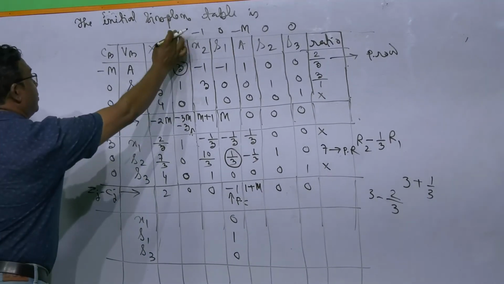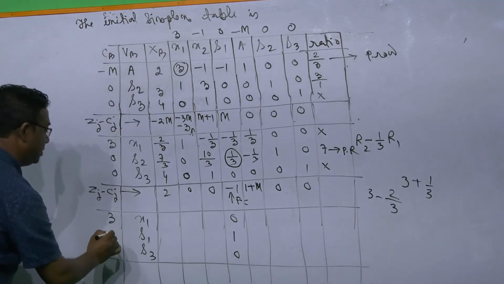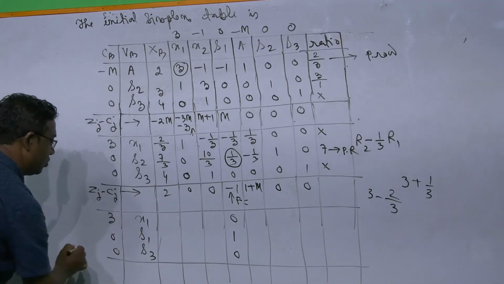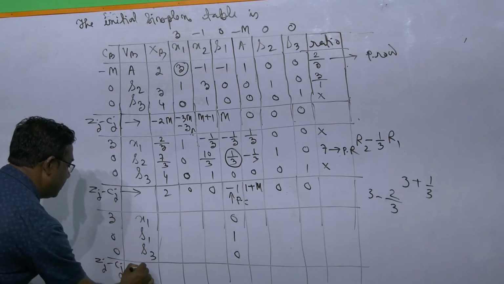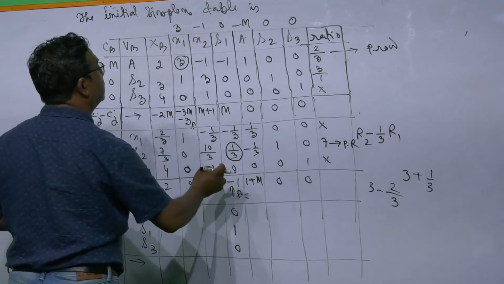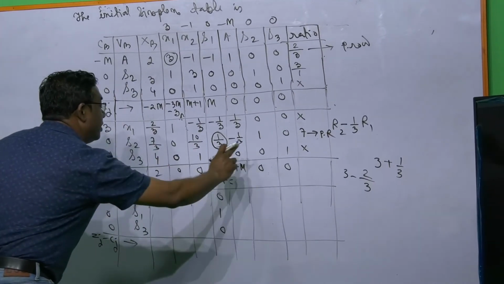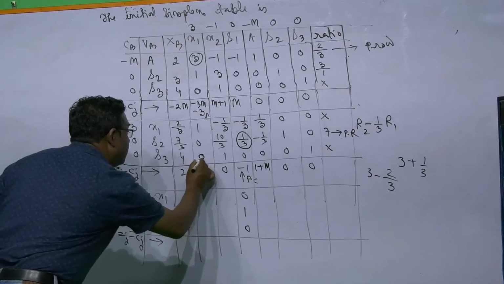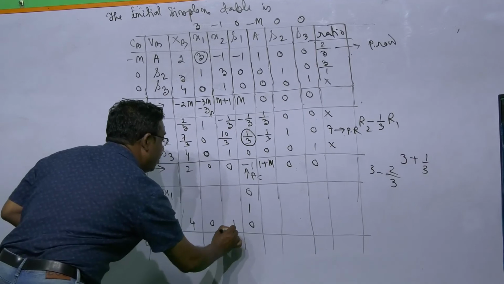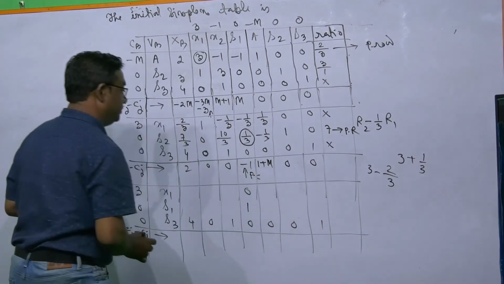The coefficient of S1 is 3, you write 3 here. Coefficient of S1 0, S3 0. So you write Zj minus Cj here. Then now this 0 remains 0. So this row remains as it is, 4, 0, 1, 0, 0, 1.